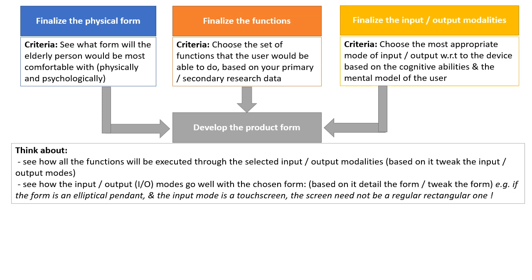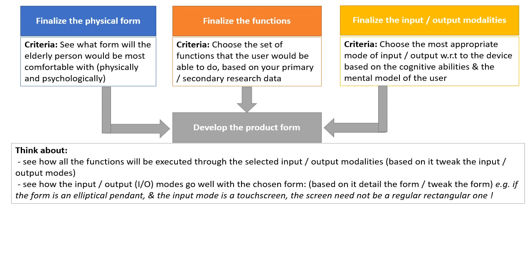So you have this set of functions which you have finalized, and you check whether all the functions will be well executed through the input and output modalities which you have chosen.